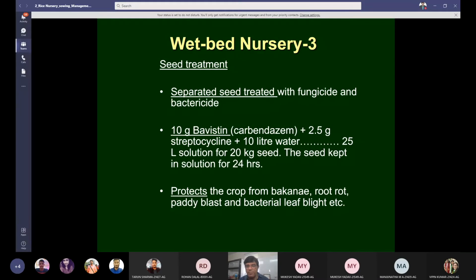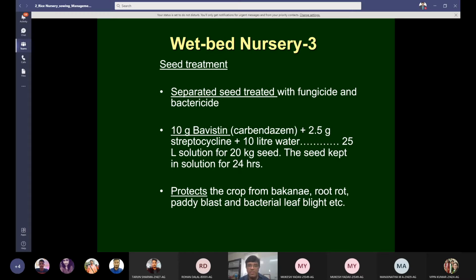Separated seed is treated with fungicide. After the salt treatment, you need to remember that once you have treated the seed with salty water, you must use some clean water to remove the excess salt on the seed. So it is always better, after salt treatment, to clean the seed again with water, and then you can go for fungicide or bactericide treatment.